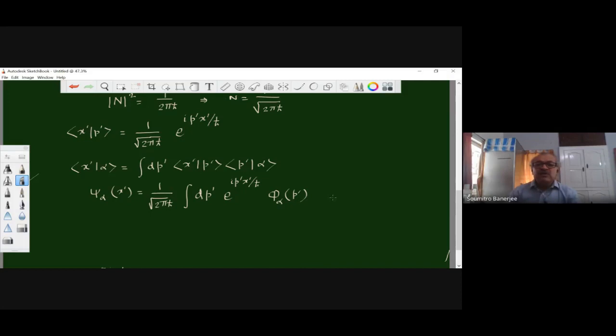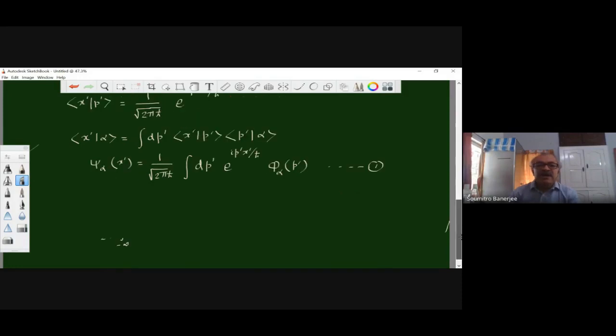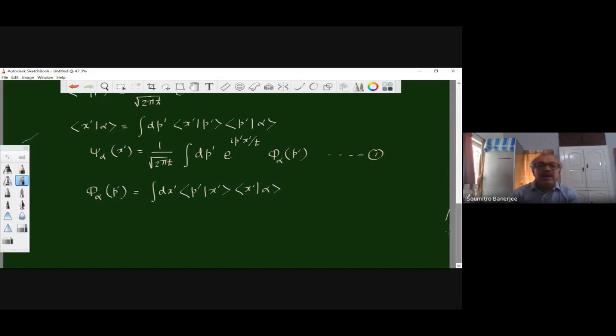Okay, so this is what we have got. And now if you want to evaluate phi alpha as a function of p', that will become the integral dx' ⟨p'|x'⟩⟨x'|alpha⟩.